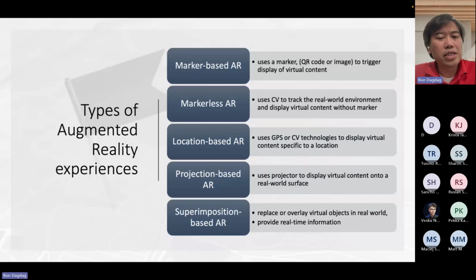So I see this as when you're in a factory, you can be wearing a HoloLens and be able to get the status of a certain machinery. Or maybe you're in a construction site, and you can superimpose some parts of the virtual building onto the real world to overlay what it would look like after it was built.